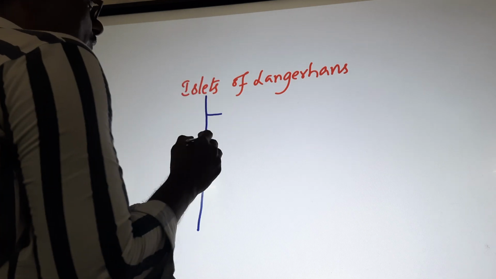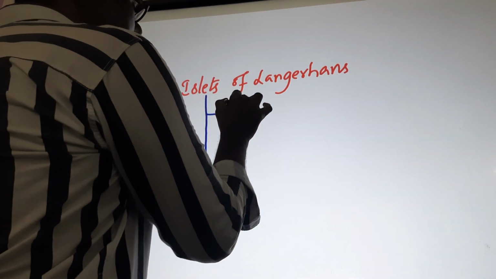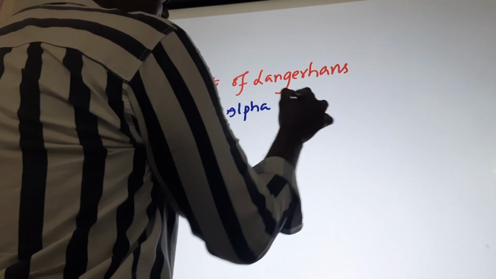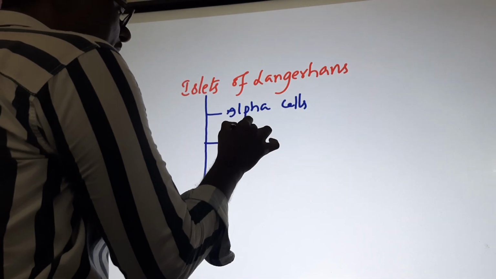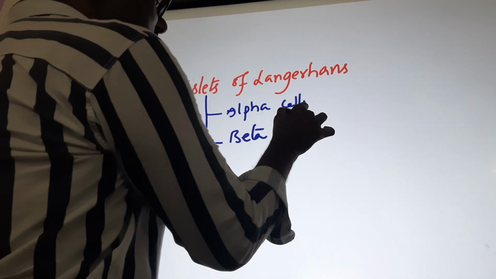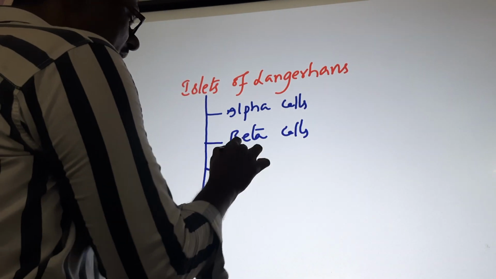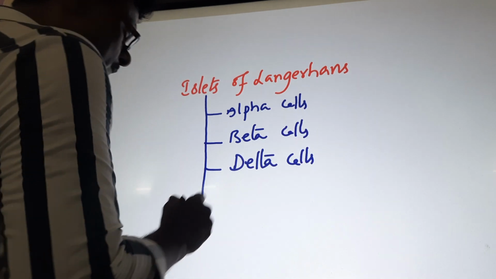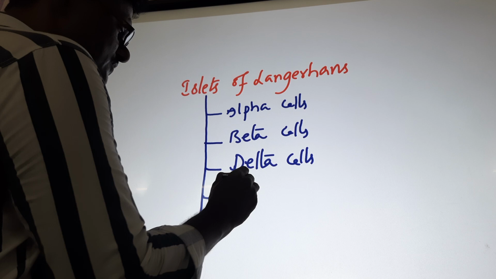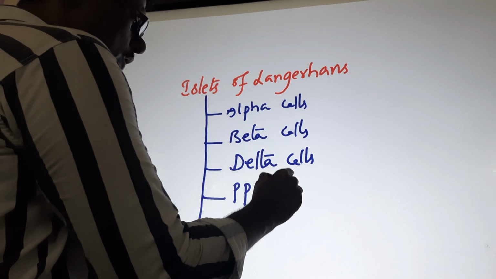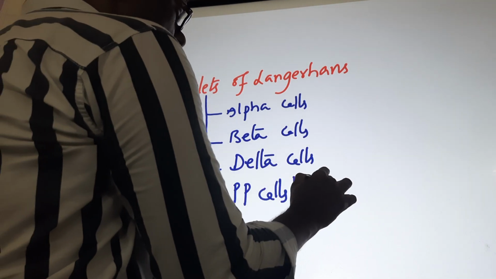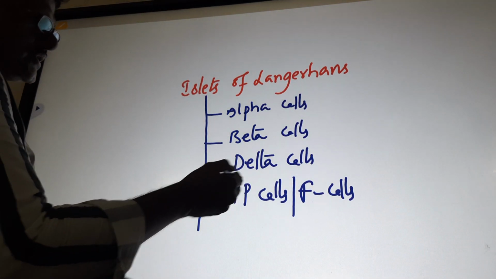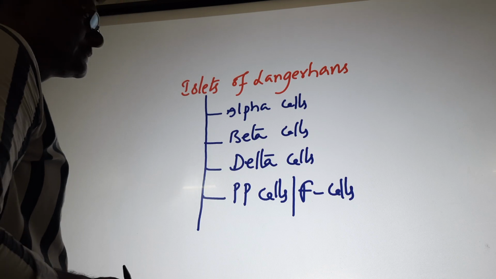See here, number one, alpha cells, beta cells, delta cells, and PP cells or F cells. Anyway, here see PP cells, pancreatic polypeptide cells.